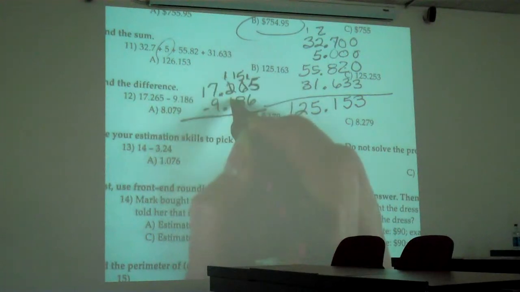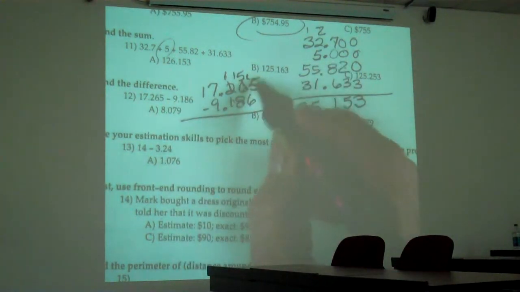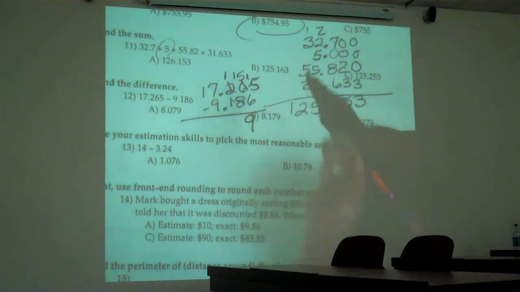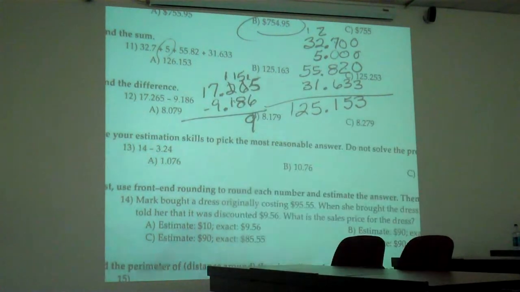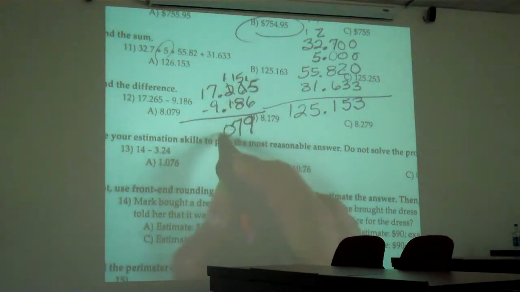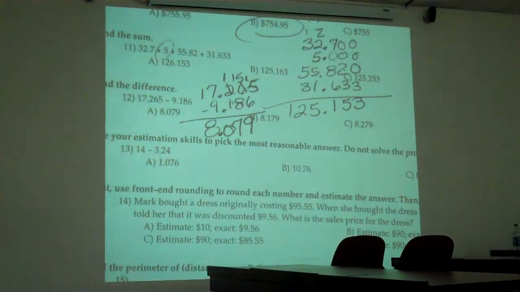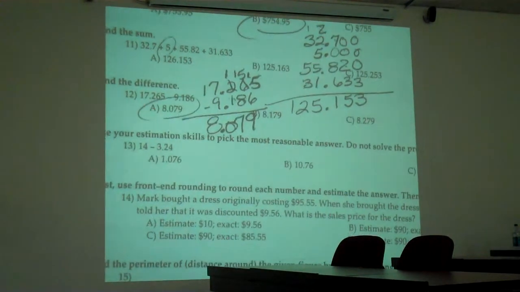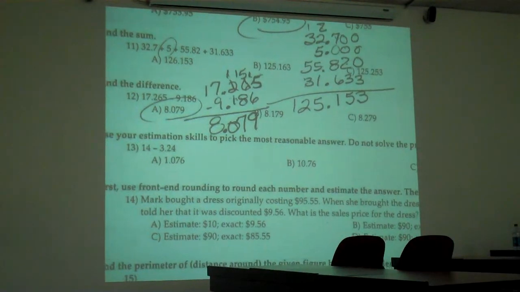You're going to be able to do that, so you don't borrow right there. 15 minus 6, 9. 15 minus 8, 7. 1 minus 1, 0. 17 minus 9, 8.079.